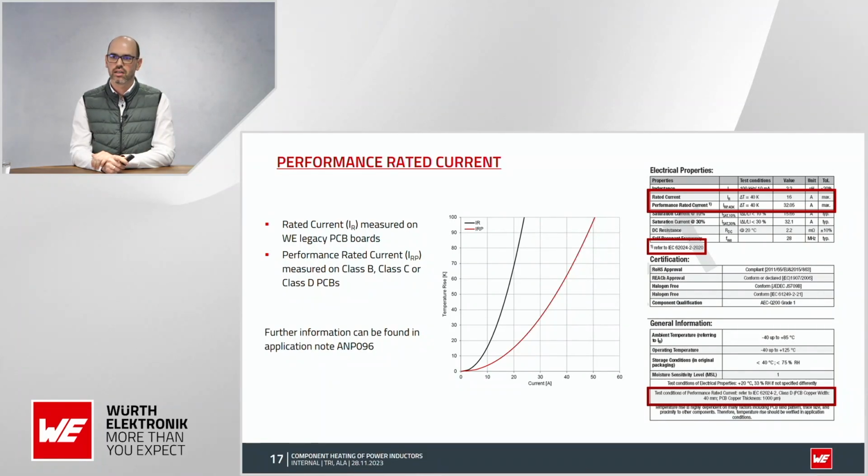And that is why it can be that this value is different. And then we also have the performance rated current, where it's mentioned with the classification and the reference to the IEC standard. Then everything should be very transparent. If you want more detailed information regarding the performance rated current, you can also check the app note with the number 096.